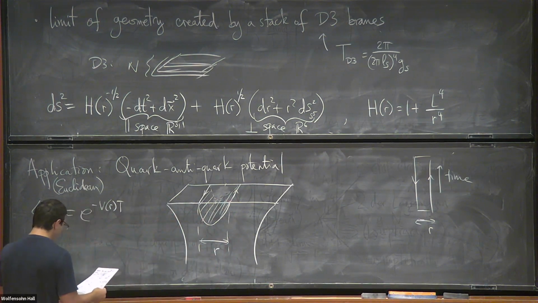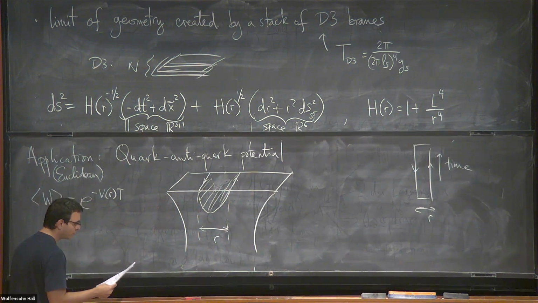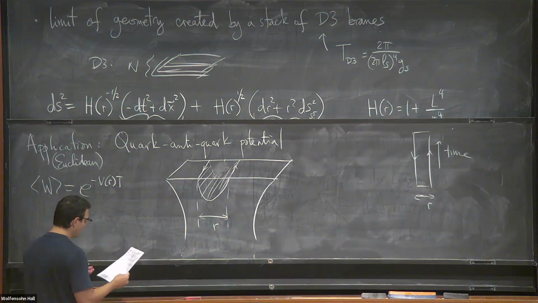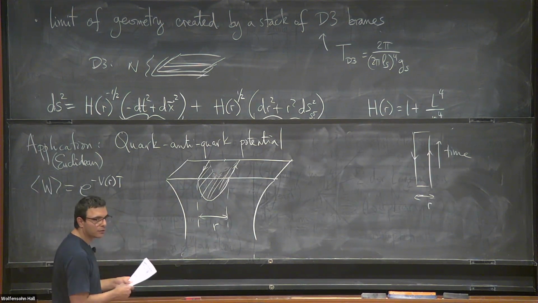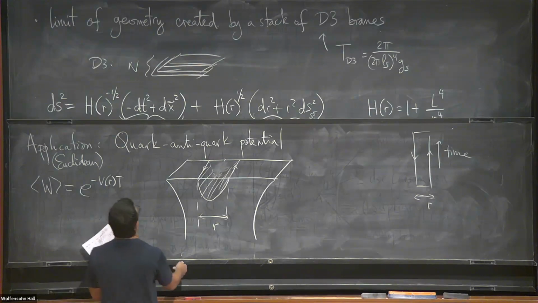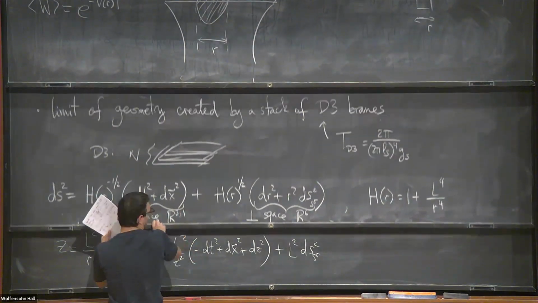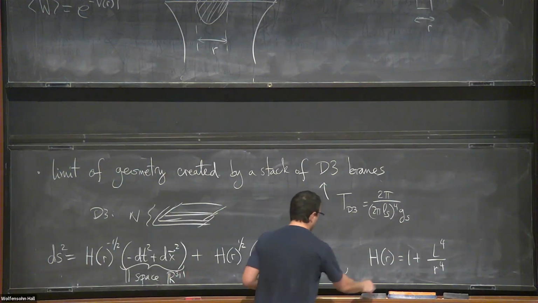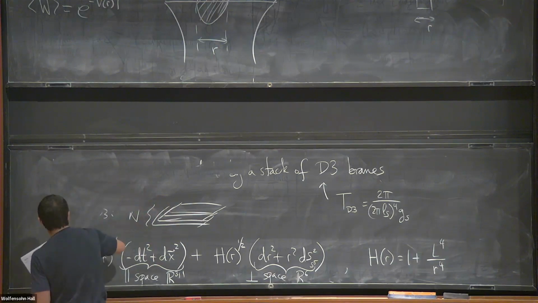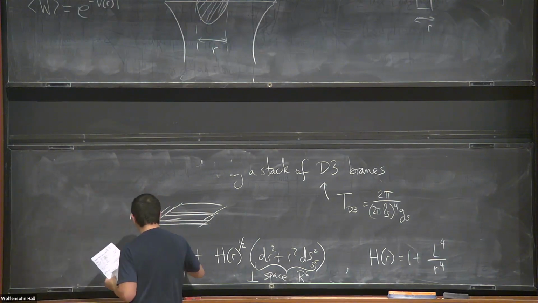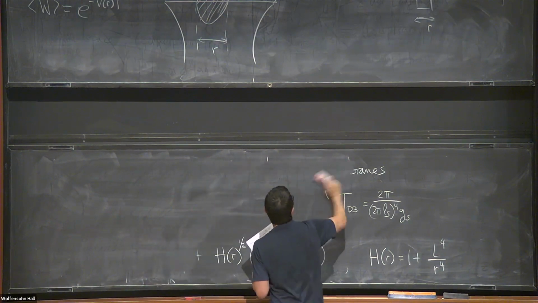And the rule is that the expectation value of the Wilson loop is the partition function of the string, which can be approximated by e to the minus the action of the string.